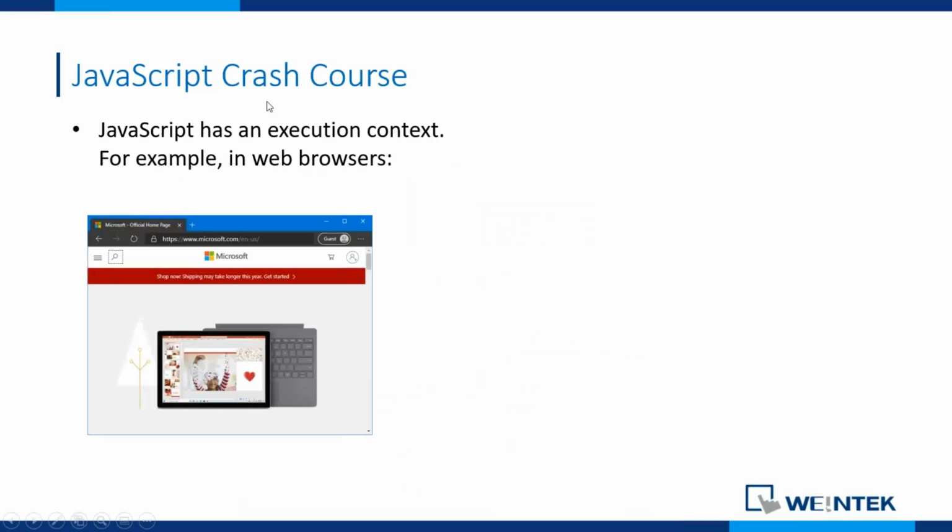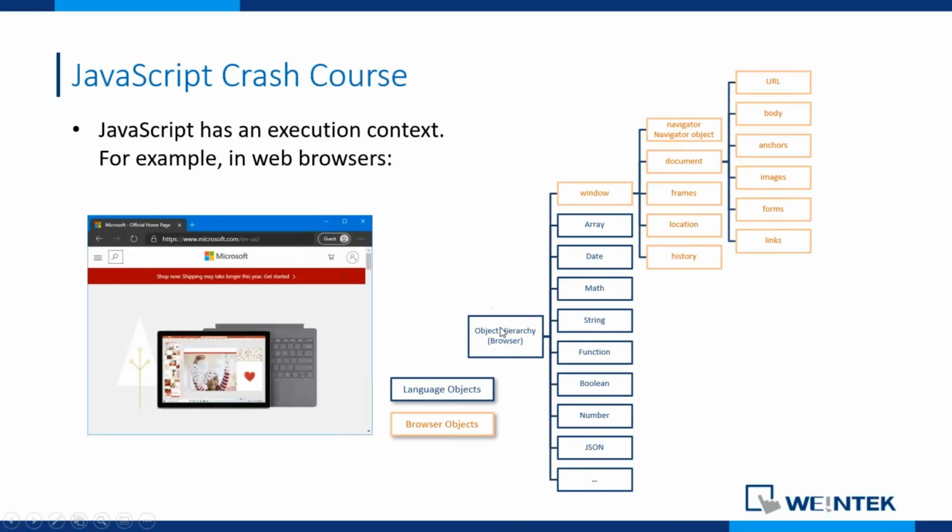All right, so JavaScript always has an execution context. For example, if you open up your web browser just like I did here, it has its own execution context. That means in the browser you have a window, you have a document, which is the web page document, you have a browsing history, and in the document you have the different URL that you're connecting to, and the content of the document.